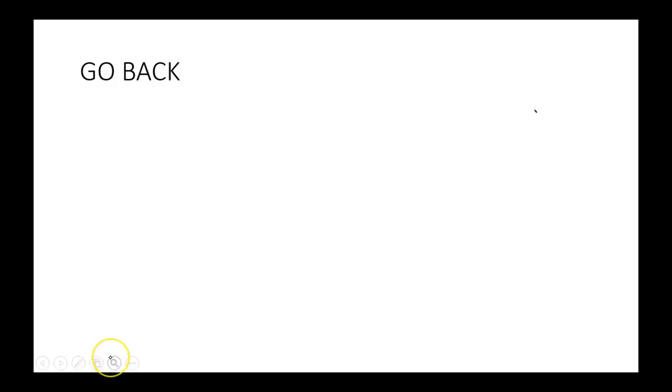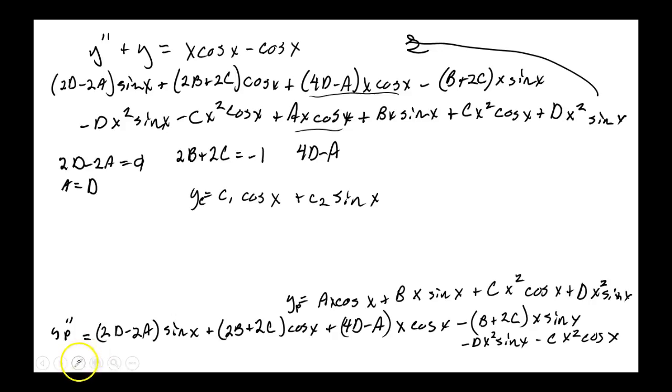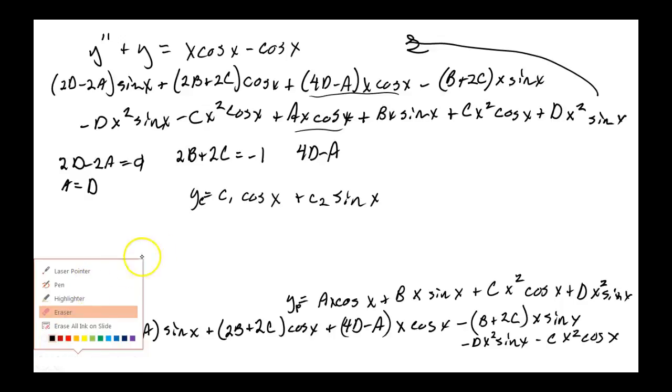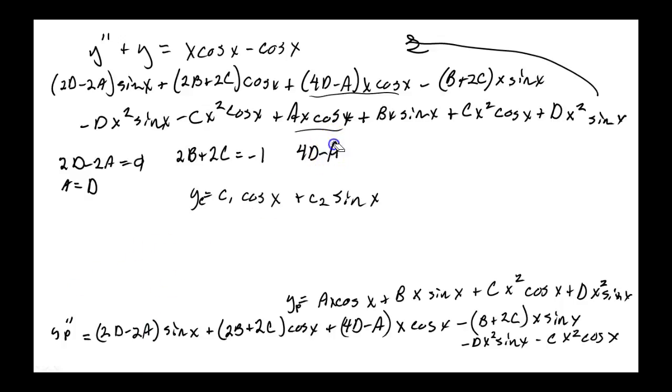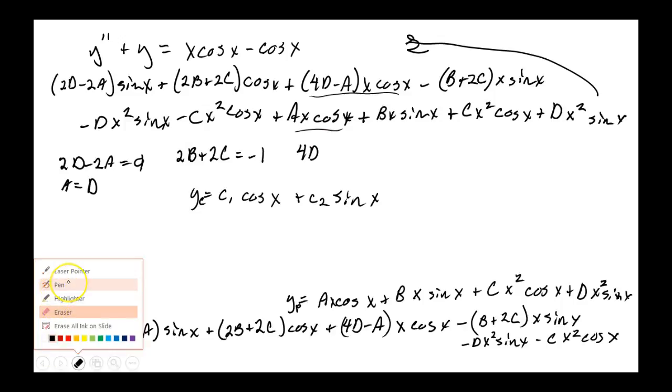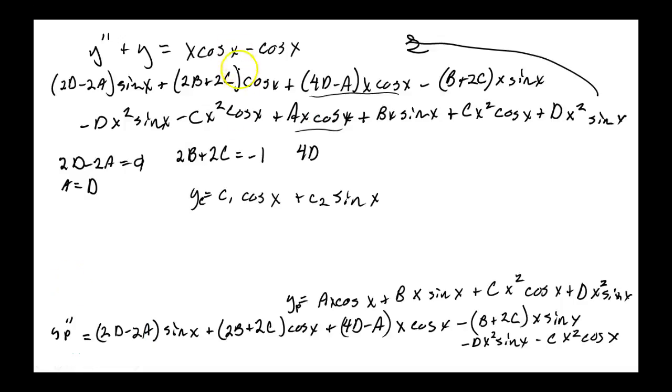This is such a pain in the neck. There we go. All right. 4d is equal to the x cosine x coefficient, 4d is equal to 1.